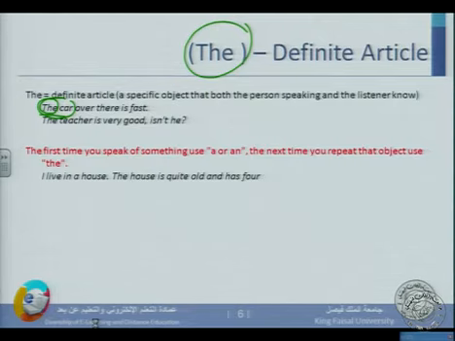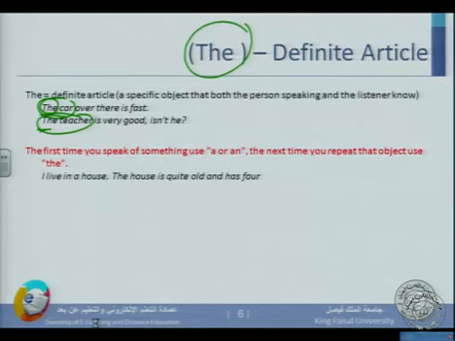The teacher is very good, isn't he? The teacher. So once we use the, it means that the speaker and the listener know very well who the teacher is, okay? The first time you speak of something, use a or an, and the next time you repeat that object, use the.